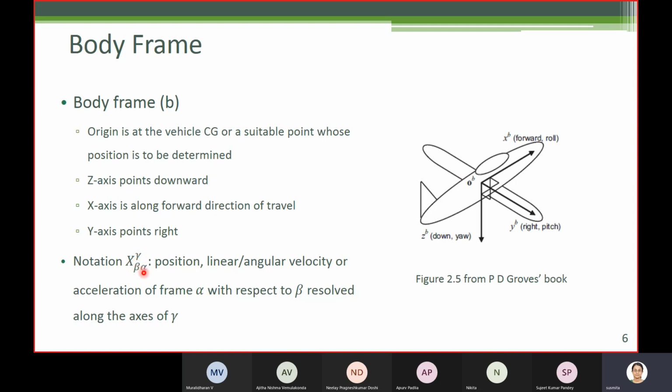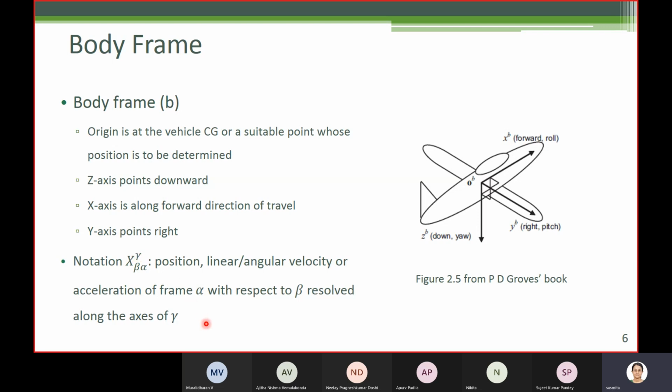So if you are interested in finding the position of the body frame with respect to the ECF frame, resolved along the axis of the ECF frame, this will be E, B, E. If you resolve the components along the body frame, then we have to write E, B, B.